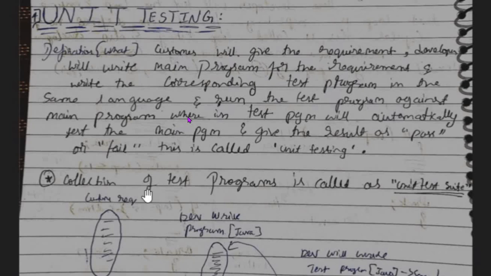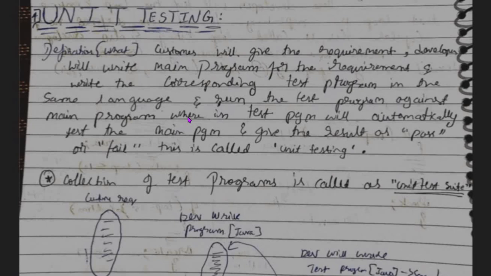That's it. A collection of test programs is called a unit test suite. Some of them also call it just a suite. So, unit test suite. The customer requirement is done. Then the developer will write the program in Java, and they will write the test program in the Java language itself.